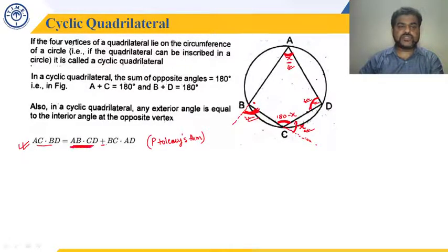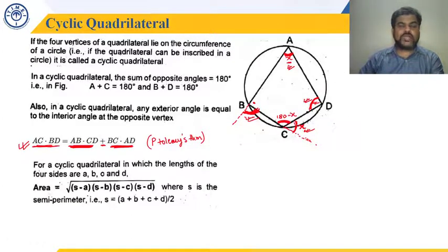AB and CD are opposite sides, BC and AD are also opposite sides. So in a cyclic quadrilateral, the product of the diagonals is equal to the sum of the product of opposite sides of the quadrilateral. Fine.